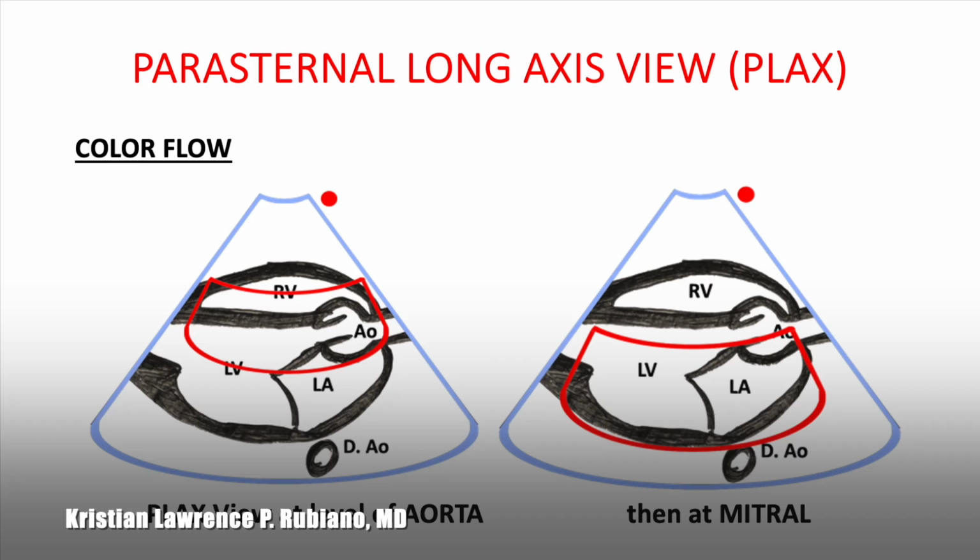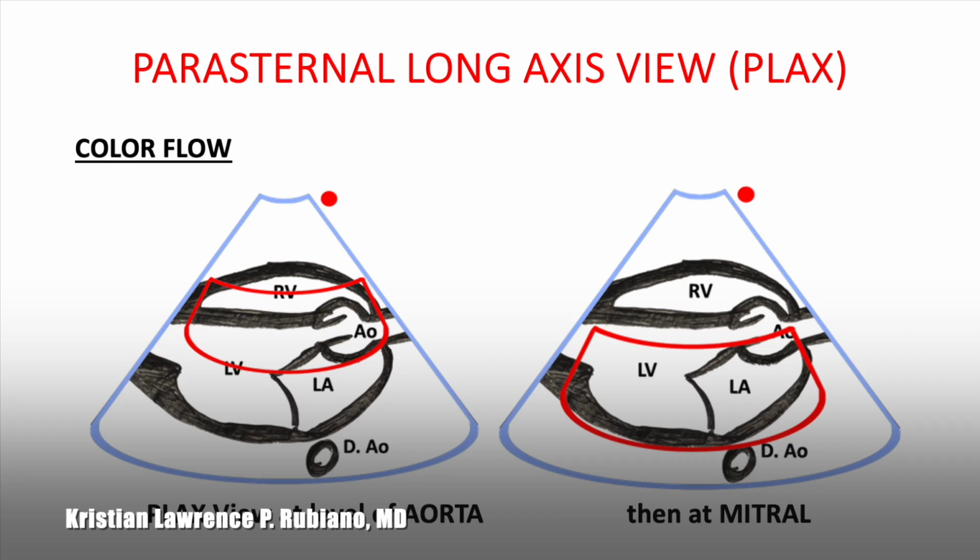Now back to the parasternal long axis view at the 9 to 11 o'clock position. To get the color flow, we need to focus on which area we want to evaluate. A smaller box size means that the ultrasound beam can focus on a smaller area, resulting in improved spatial resolution. This allows for better visualization of finer details in blood flow patterns such as turbulence or subtle changes in velocity.